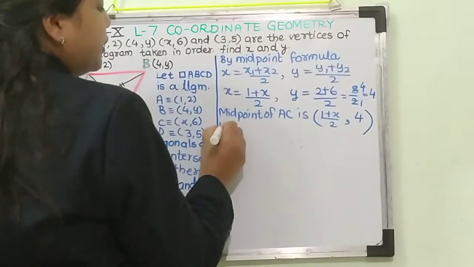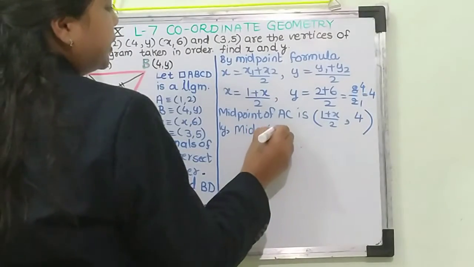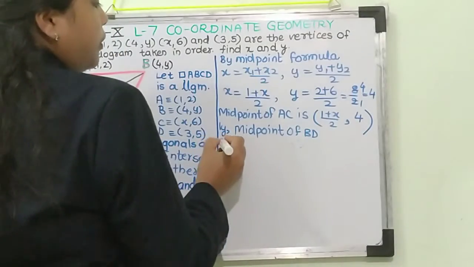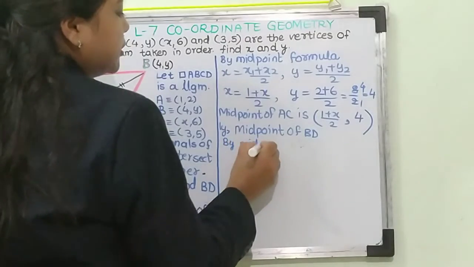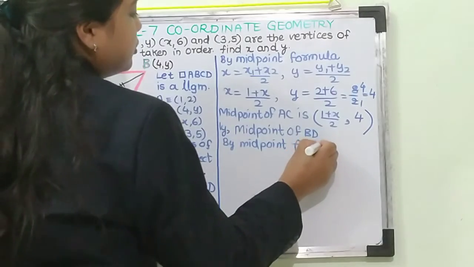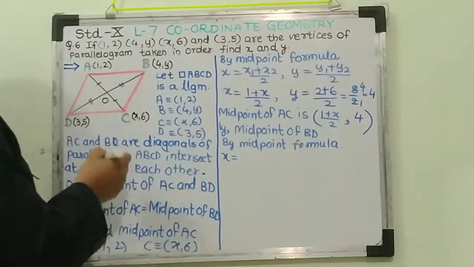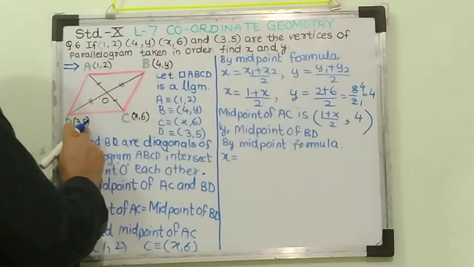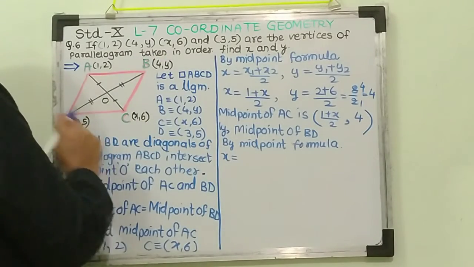Similarly, the midpoint of BD by the midpoint formula. We get x equals to, now these coordinates are 4 comma y and these coordinates are 3 comma 5, so it is x1 y1 and it is x2 y2.